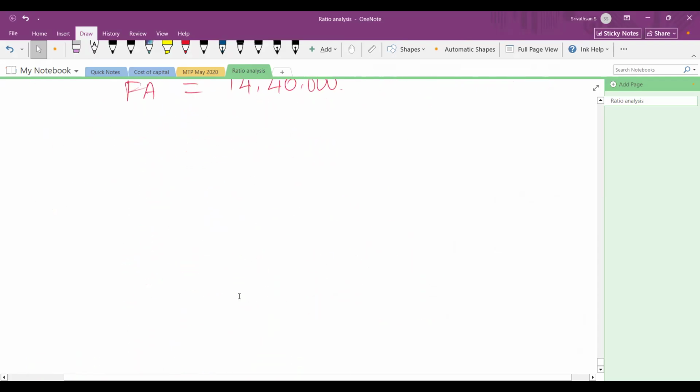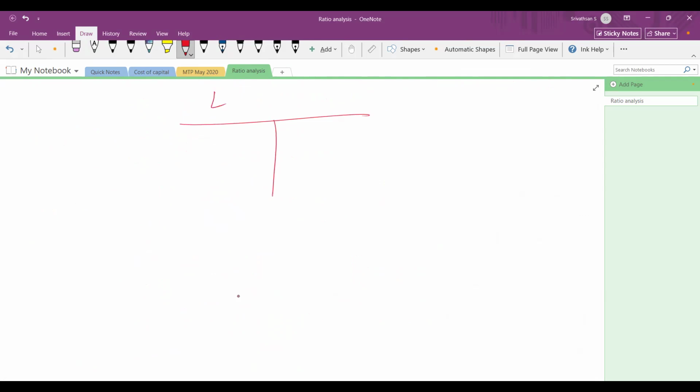So let me show it over here. Balance sheet side, liability side, we have 4 things. Equity share capital, reserves and surplus, preference capital or preference shareholders fund, and current liability. Asset side, we have only 2 things, fixed asset and current asset, right?